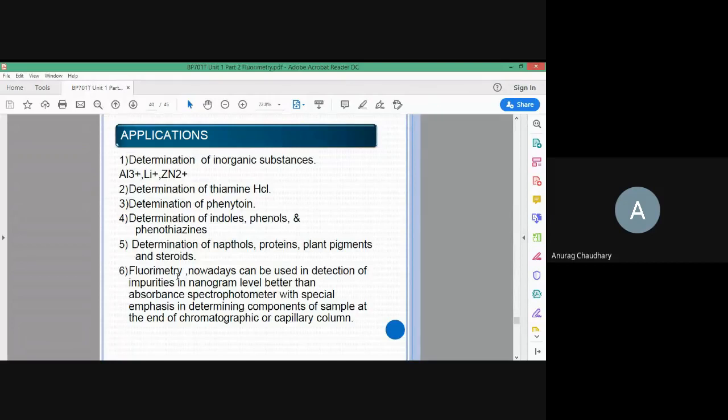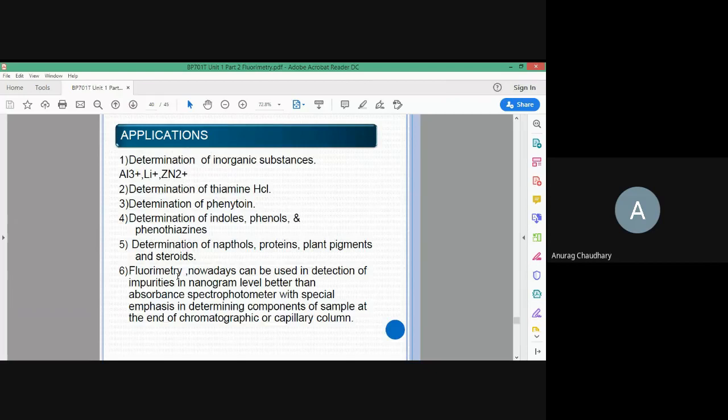So, fluorimetry is used for determination of inorganic substances, for example, aluminium, lithium, zinc ions, determination of vitamins, for example, determination of thiamine, determination of various drugs, for example, phenytoin, determination of organic compounds, for example, indoles, phenols, phenothiazines, determination of naphthols, proteins, plant pigments, steroids.